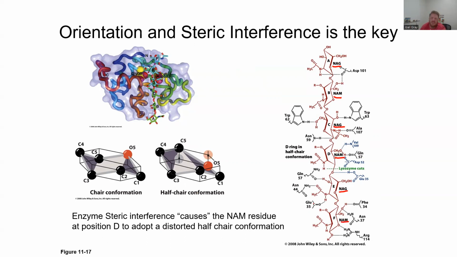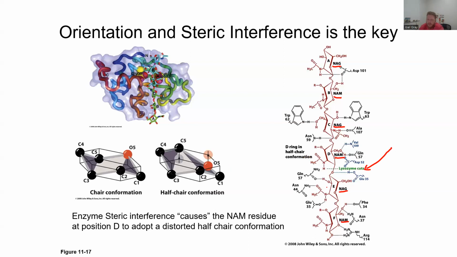We have a total of 6 different sugars shown here in this oligosaccharide. Now, what I want you to first recognize is lysozyme is going to cut between what is the 4th and 5th sugar in this oligosaccharide.